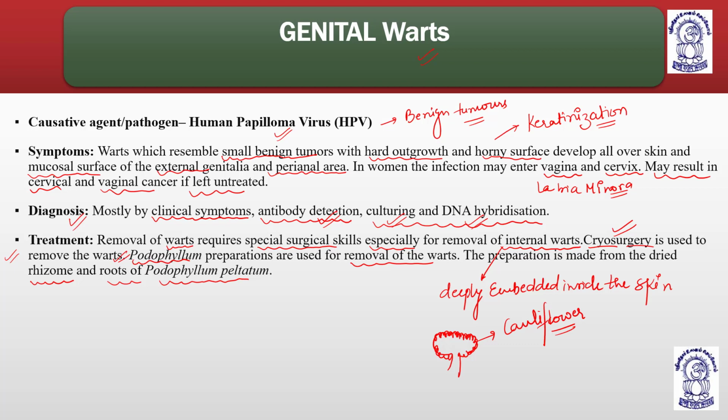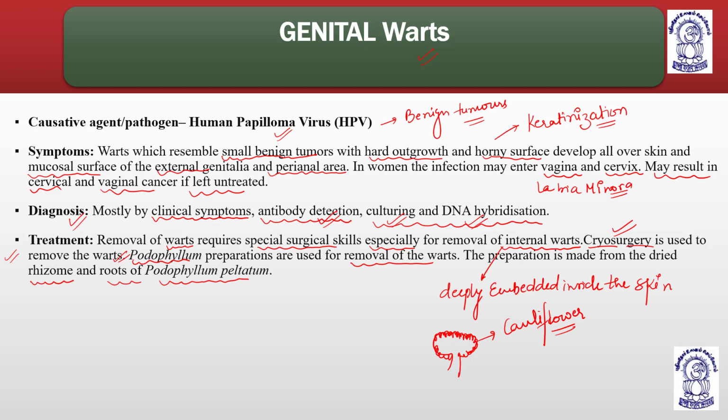So what is genital warts? Genital warts are caused by human papilloma virus, and they basically cause a benign outgrowth which is hard and has a horny surface. This horny surface is because of keratinization, which leads to hardening of that skin area.